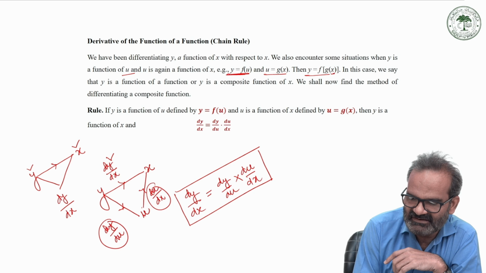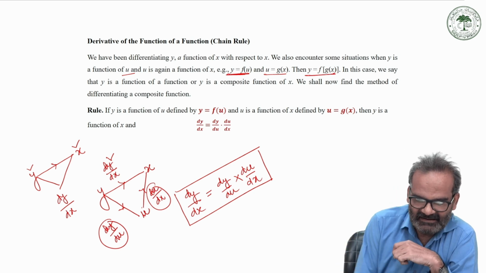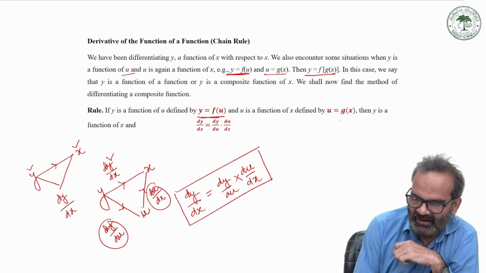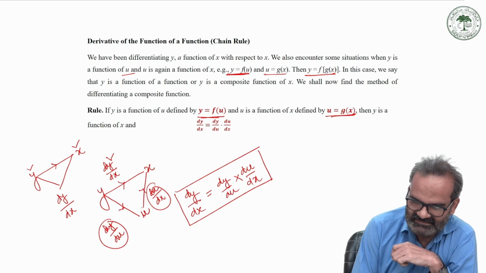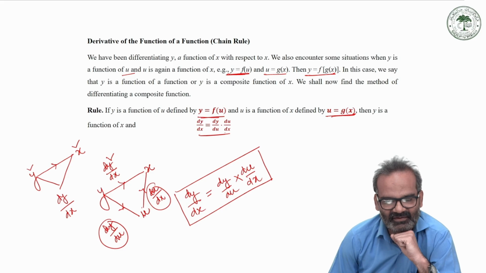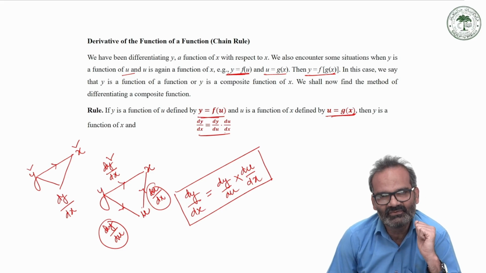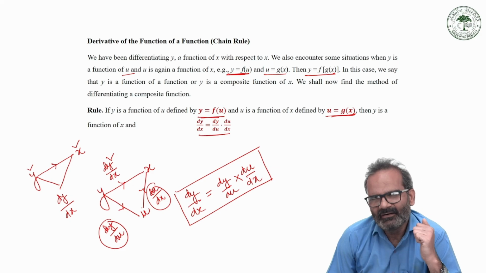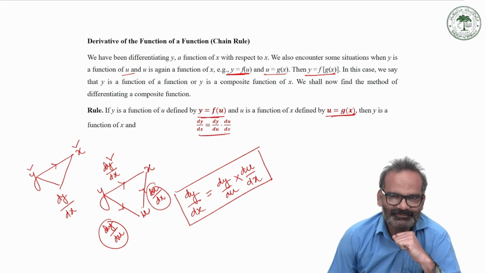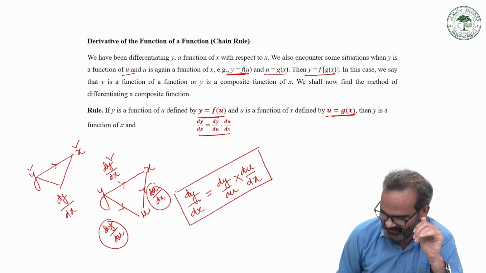Then y is a function of x, right? So in this case, if y is a function of u and u is a function of x, then we can find the derivative by using the formula dy over dx is always equal to dy over du into du over dx.